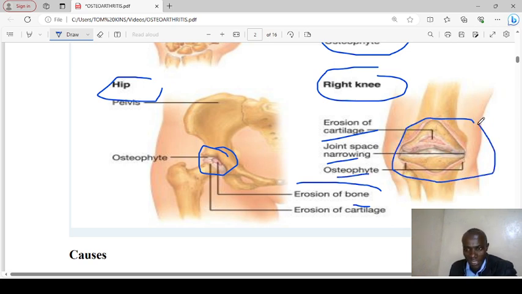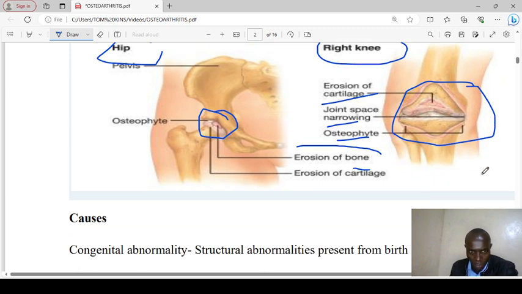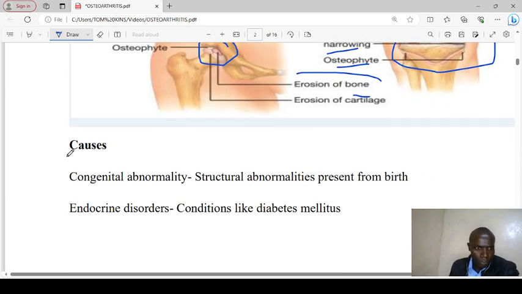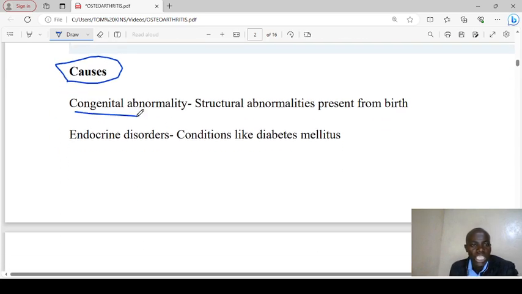Okay, yeah. So those are some of the signs and symptoms of this condition. We have the causes of this condition, the causes of osteoarthritis. We have congenital abnormality, where structural abnormalities present from birth can lead to this irritation, leading to release of cytokines that sets in the inflammation.